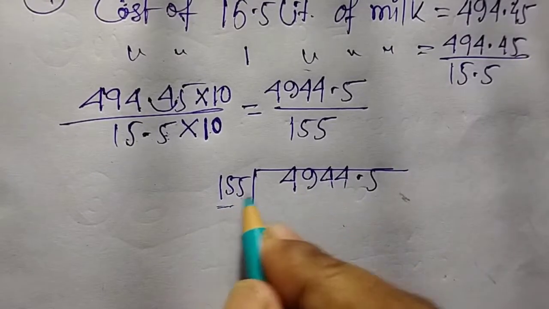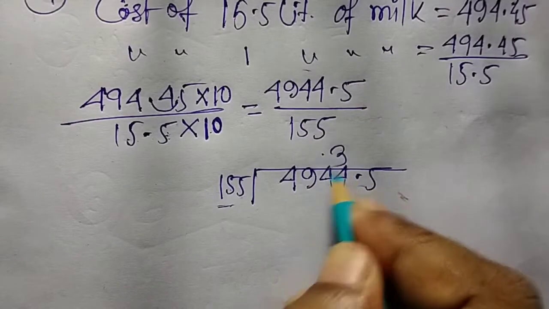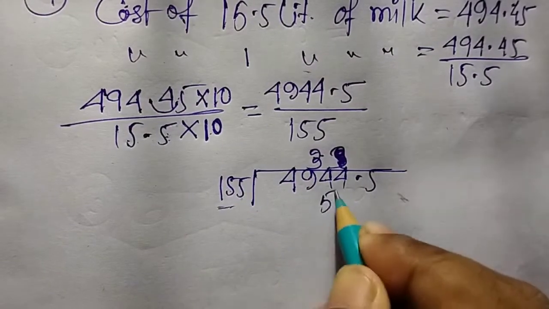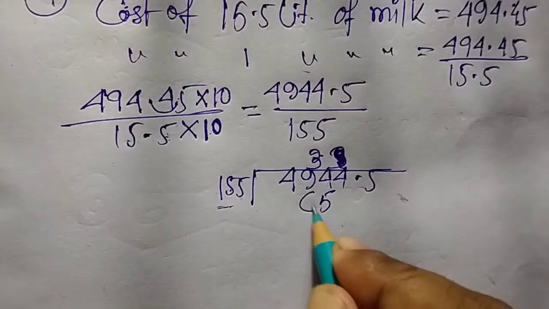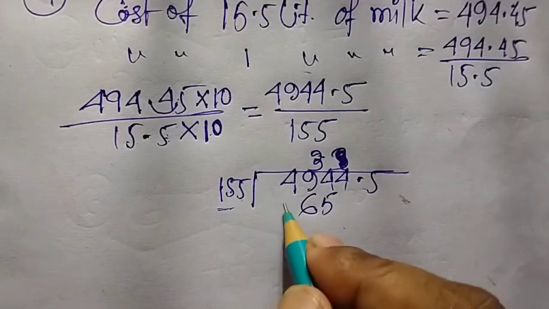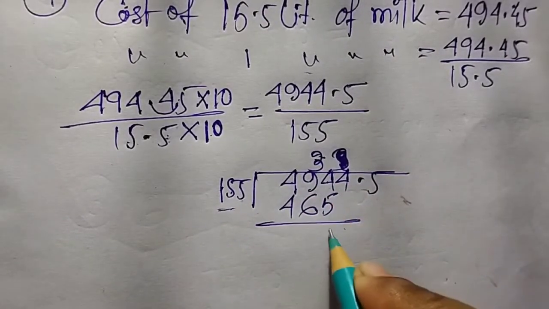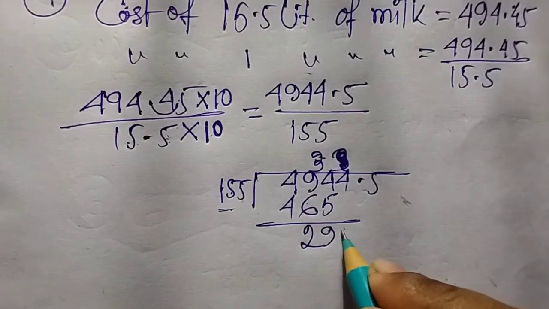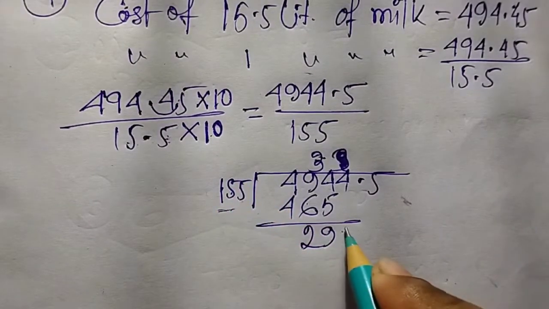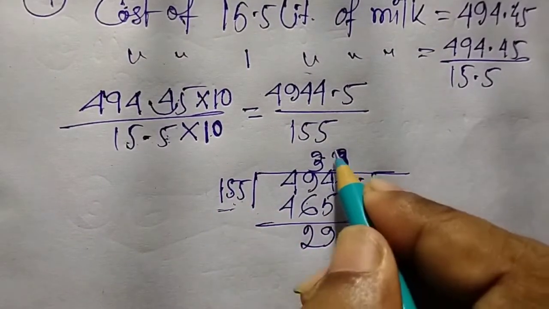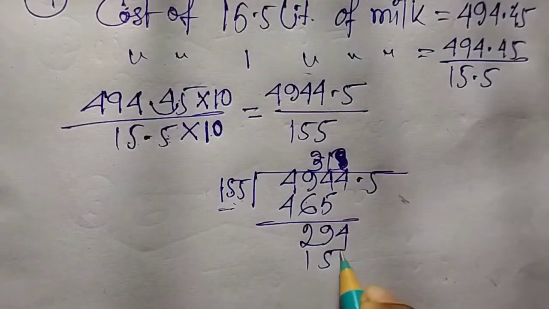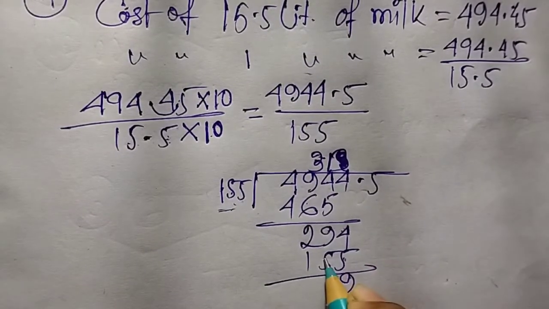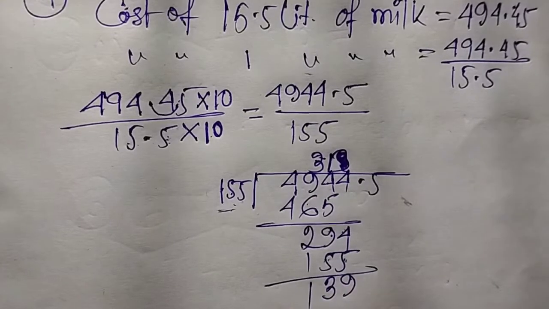So we have to check 3 digits, 494. So it's 3. 3 5s are 15, carry 1, 3 5s are 15 and 1, 16, 6, carry 1, 3 1s are 3 and 1, 4. Now subtract, here is 9, carry 1, 6 1 7, 2. So we have to put another digit here because here is 3 digits and here is 2 digits. So put here the point. Now 155. So again subtract, here is 9, 5 1 4 6 6 3 139.